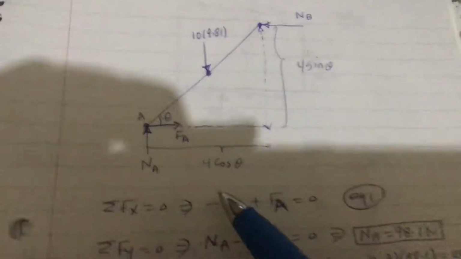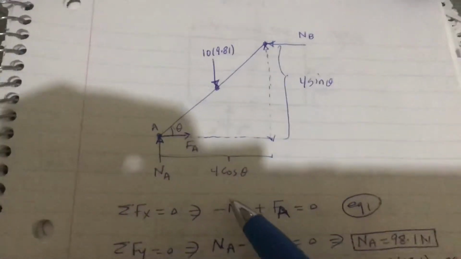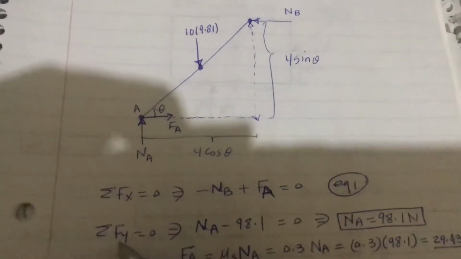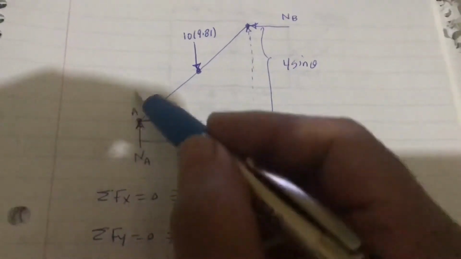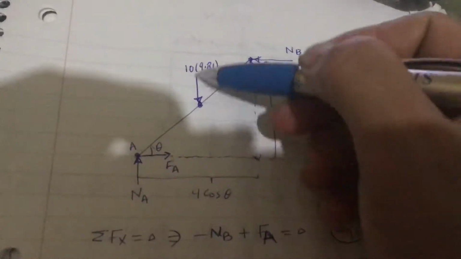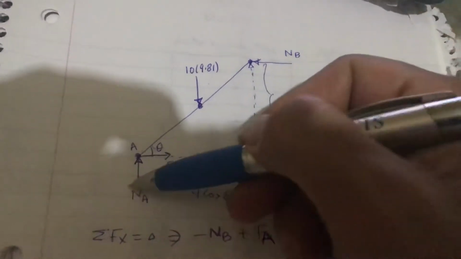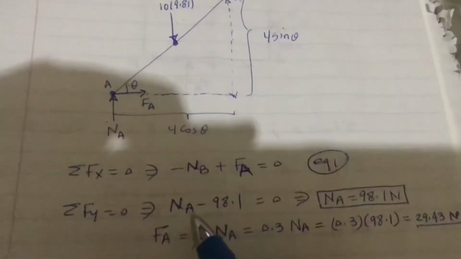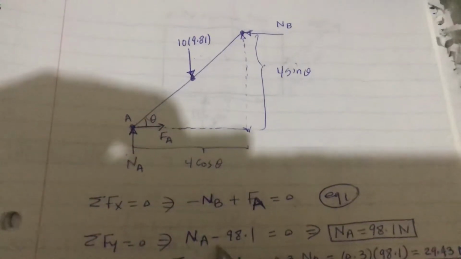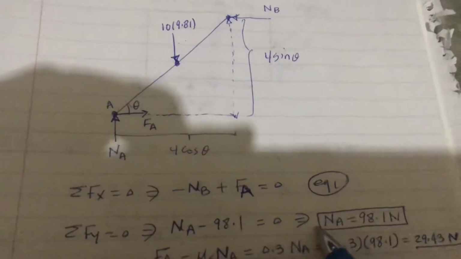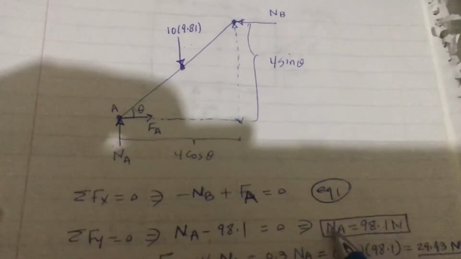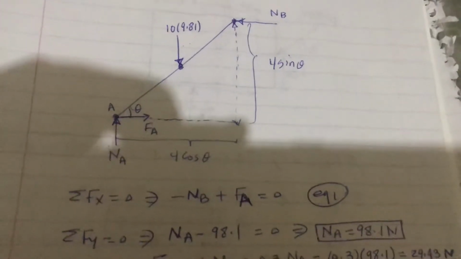Let's do the summation of forces in y equal to 0. You have Na going plus, and you have this one going down. So Na minus 98.1 equal to 0. Now Na is equal to 98.1.